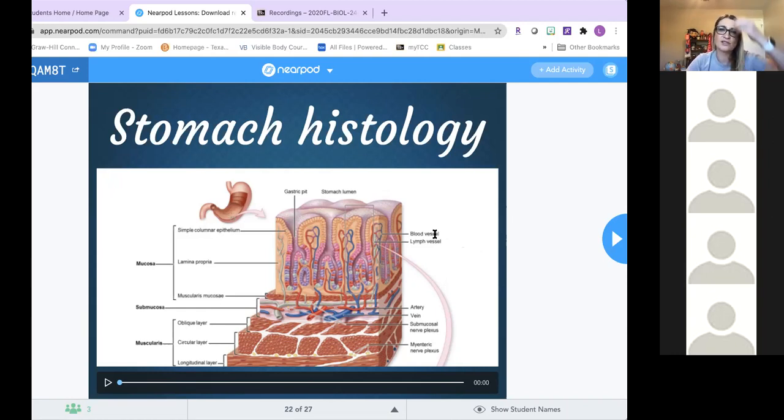The cells lining the lumen surface of the stomach are called the surface mucus cells, and they extend a little bit into the gastric pit. If you're looking at this image here, these are the orange cells. Those are your surface mucus cells. These cells produce alkaline mucin.